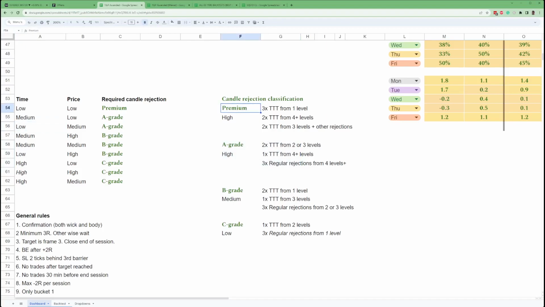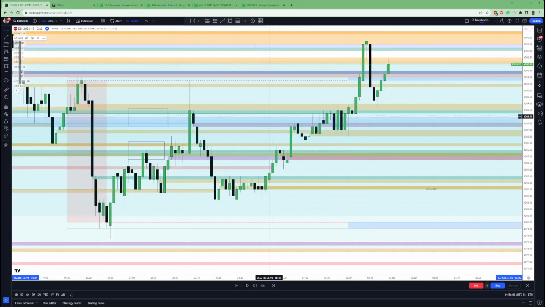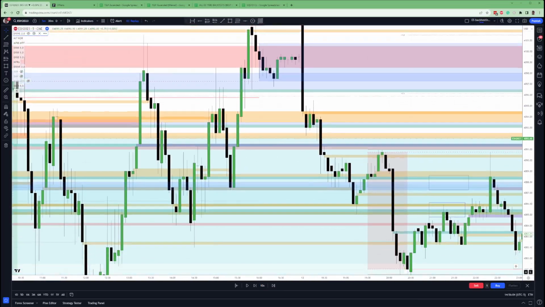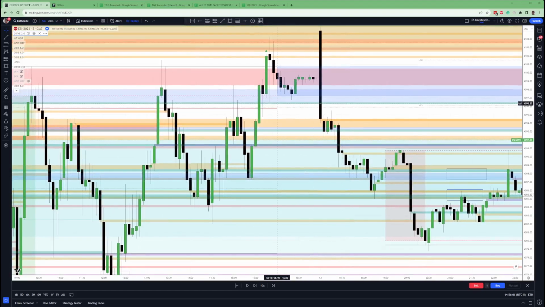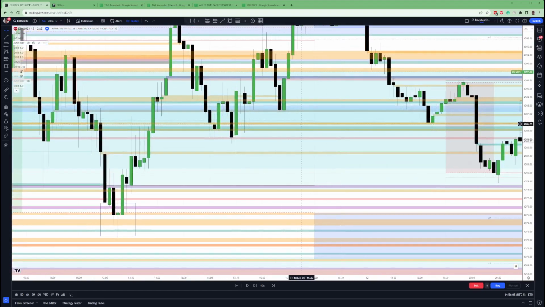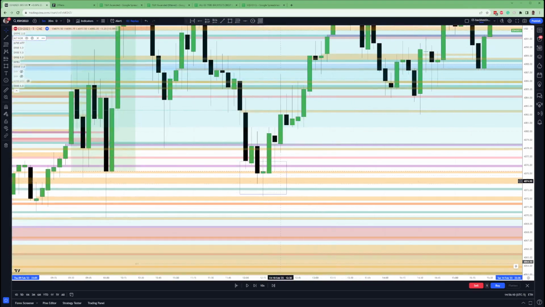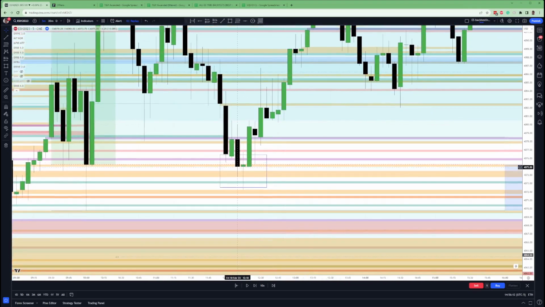Basically, the best rejection that is available is when you have at least 3 times to the tick from one level. That's something that doesn't really occur very often. It's kind of rare, but whenever you see it, it will usually give you a very good reaction. Like here, for example, the 3 bodies exactly to this level.